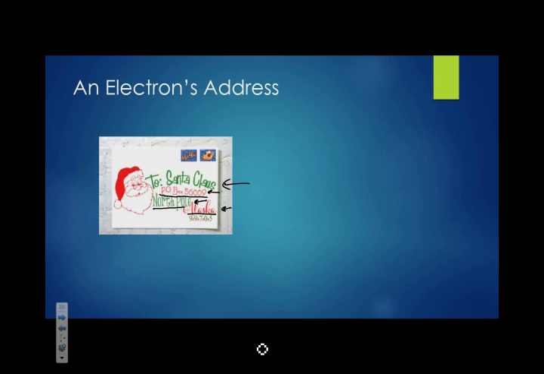So in terms of an electron, the shell is kind of like the state. It's large, and it has a lot of people living in it. So in our metaphor, shells have lots of electrons. So they're sort of the broad category. So this is a large category with lots of electrons.